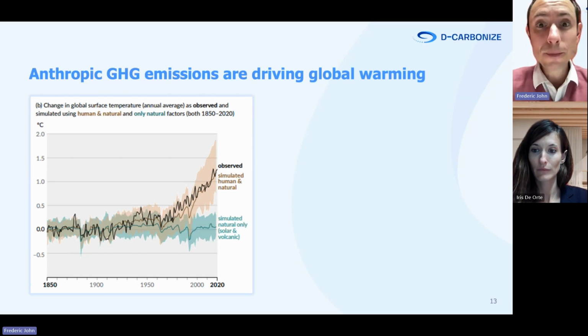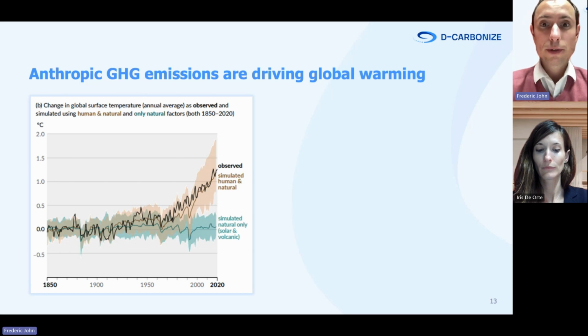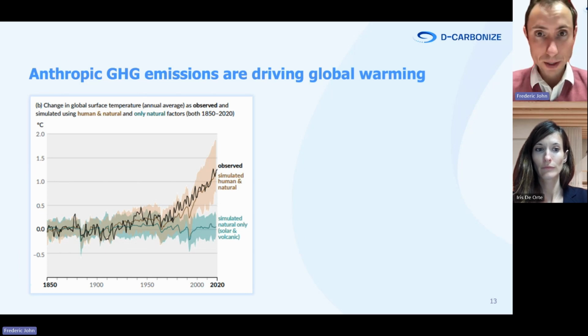And the IPCC, this group of experts that monitors the evolution of climate change, came up with this graph that I find very interesting. They try to distinguish the impact of greenhouse gases from natural sources versus human sources, and their impacts on global warming.